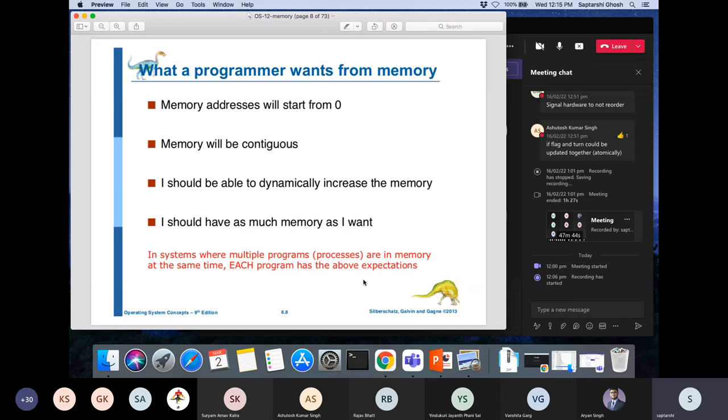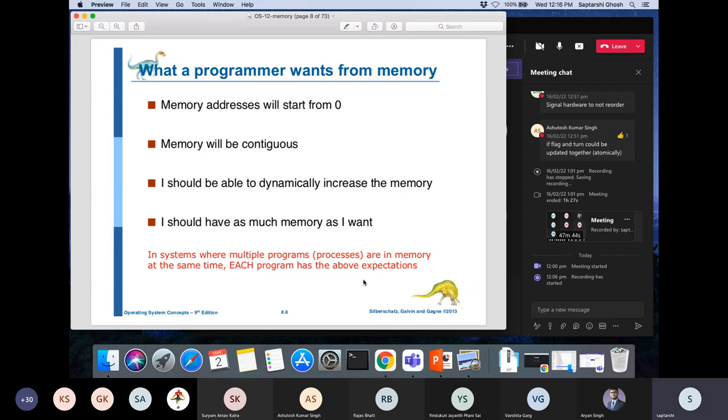That means the programmer does not have to worry about the finer details of where in the memory the program is getting loaded, etc. They can just focus on the program, considering this abstraction that memory will start from address 0 and it will be a contiguous chunk up to a very large number. And in fact, that number can be increased dynamically. I can ask for more memory as and when I need it. Right?